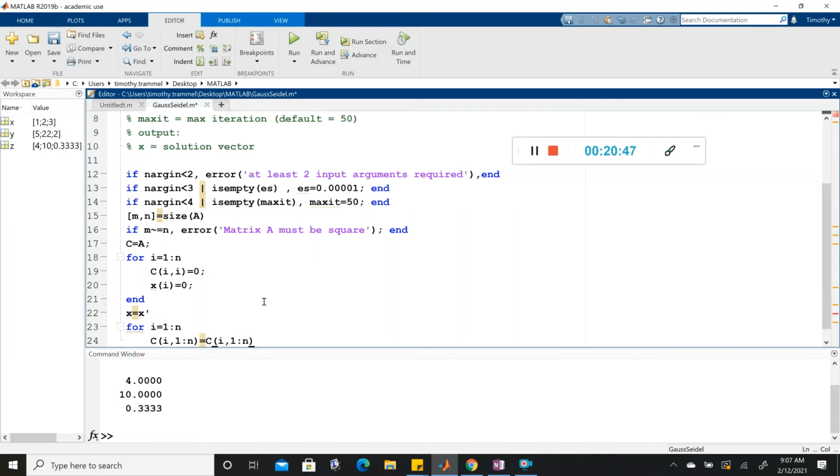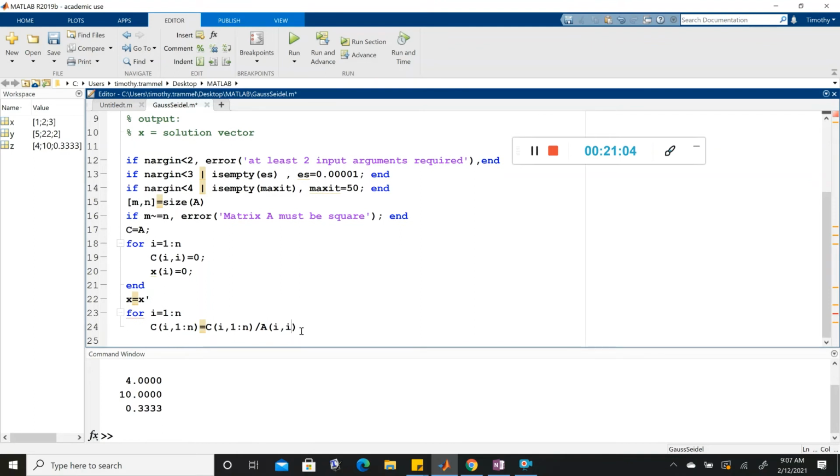So this is taking the matrix A, and now we are going to divide by the corresponding diagonal. All right, this is taking row I and dividing by the corresponding diagonal. All right, we'll end that one.